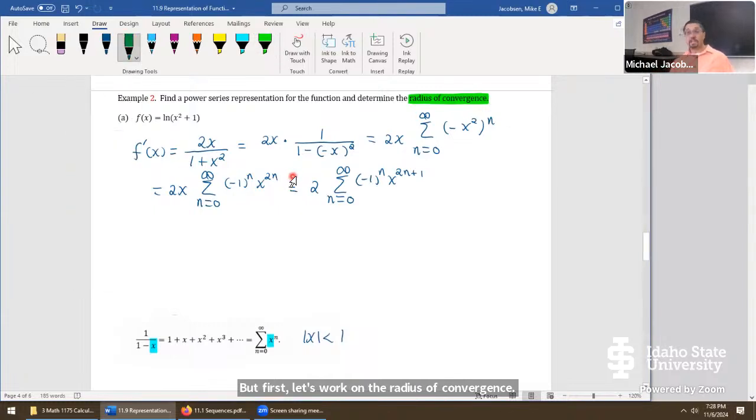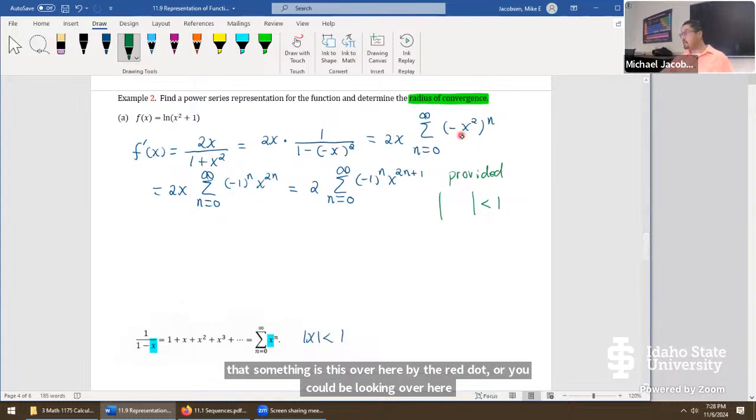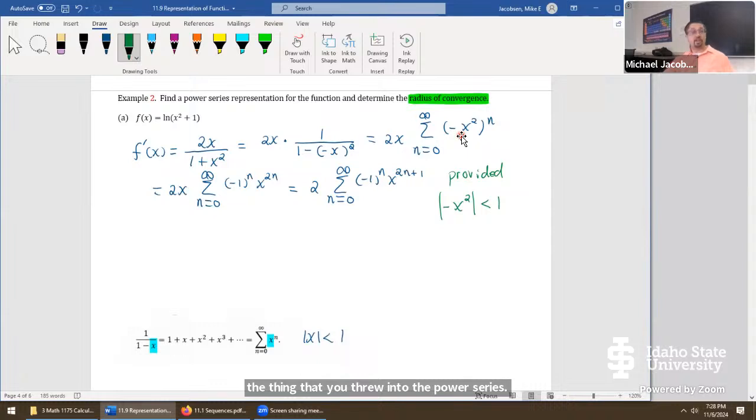So this equality right here by the red dot is only valid provided the absolute value of something is less than 1. And that something is this over here by the red dot, the thing that you threw into the power series. So we need negative x squared to be less than 1 in absolute value.